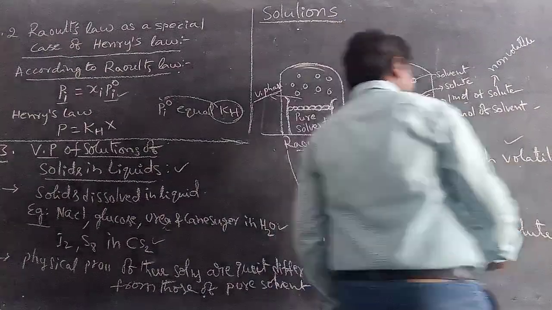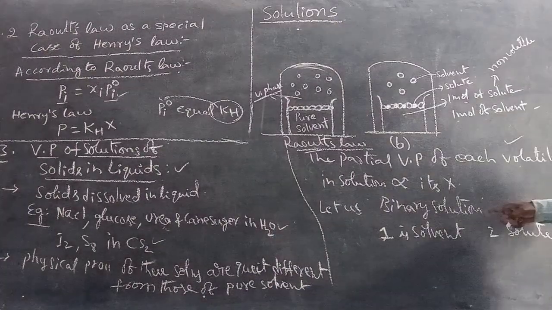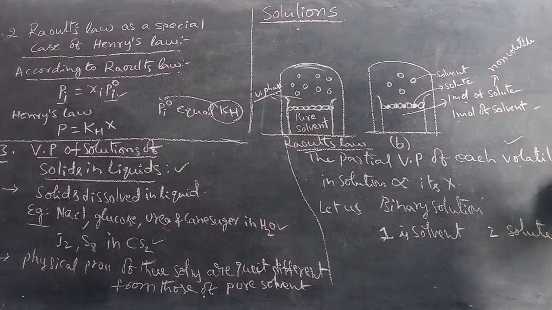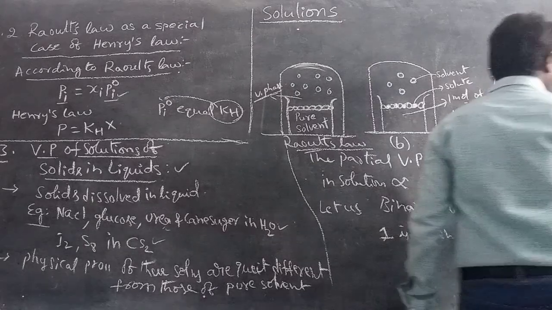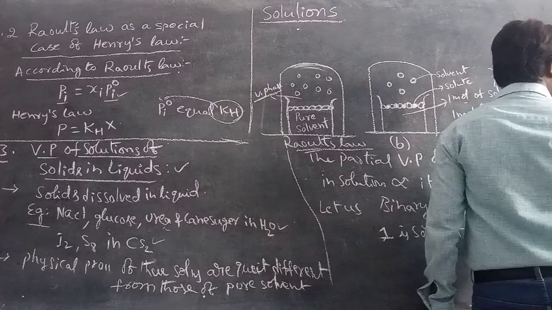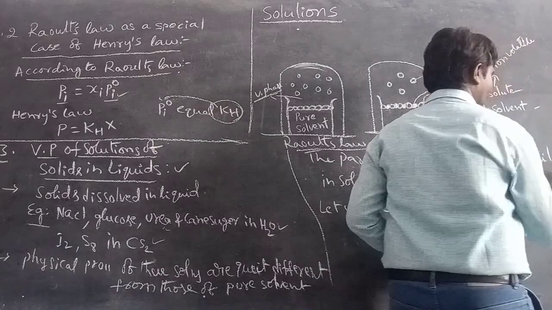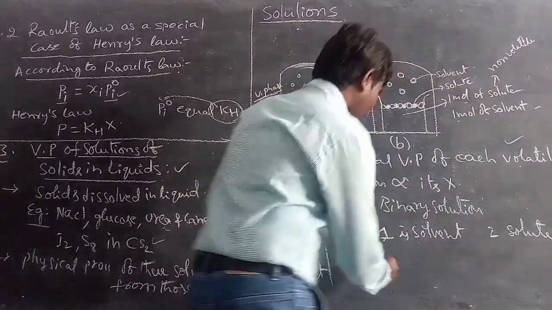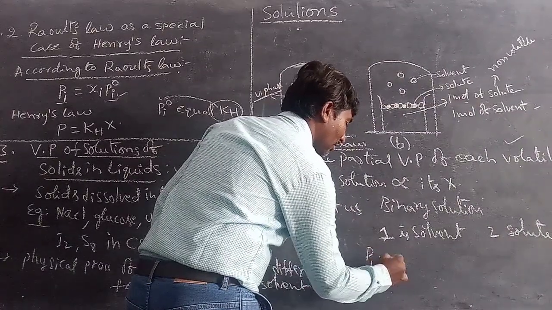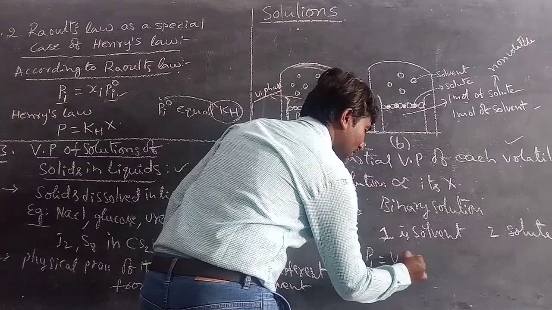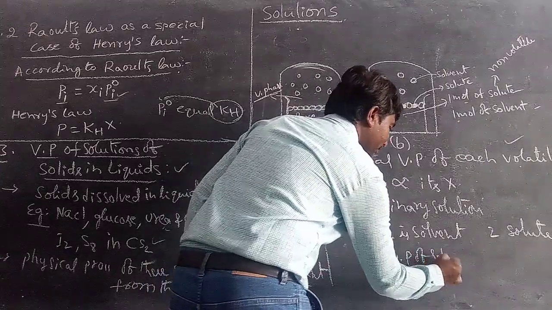So we can denote the vapor pressure of component 1 as P1. Here P1 means the vapor pressure of the solvent.